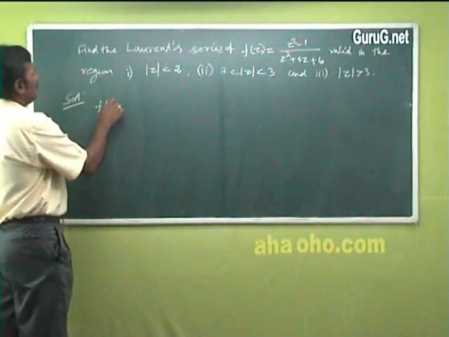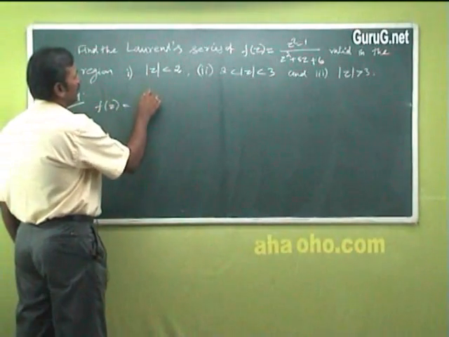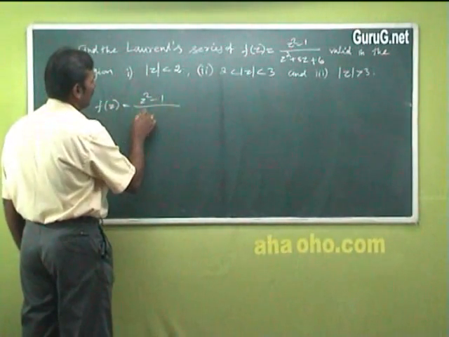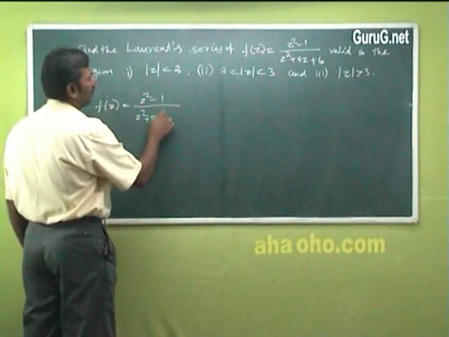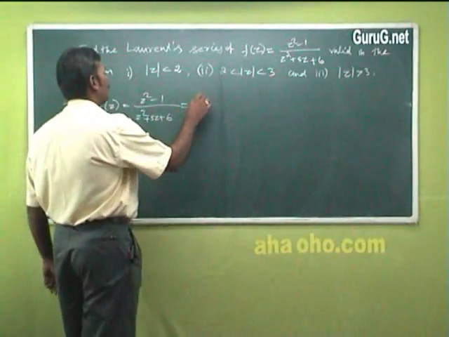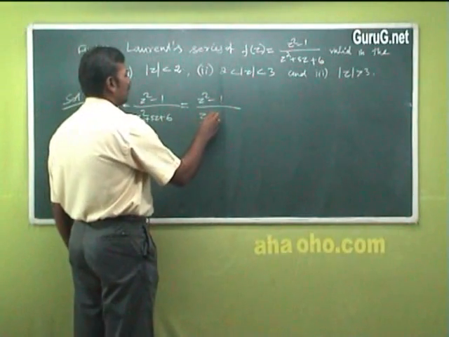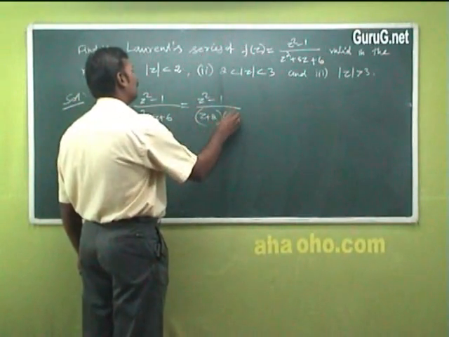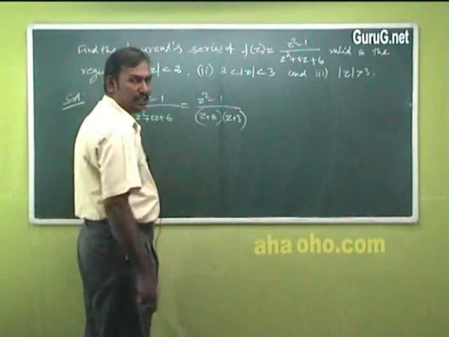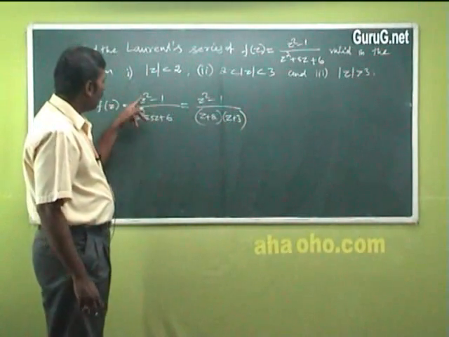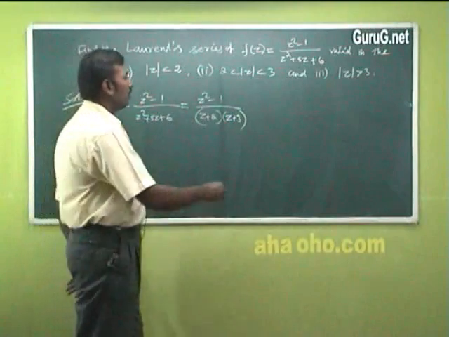So f of z equal z square minus 1 by z square plus 5z plus 6, which is equal to z square minus 1. You factor it, what will come? z plus 2 into z plus 3, right? Now partial fraction: numerator and denominator are in the same power. What will come?